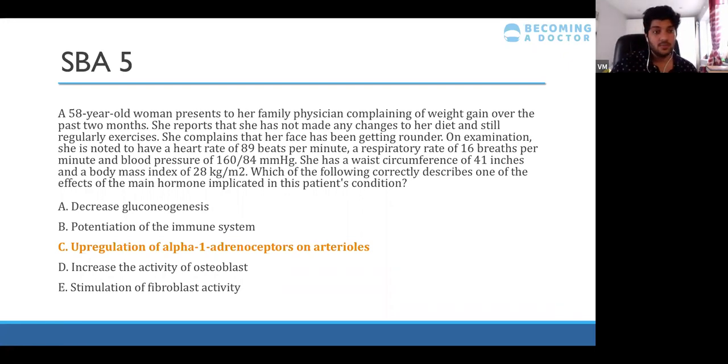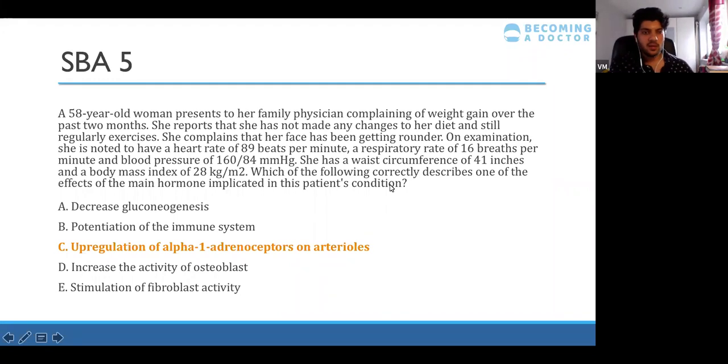Potentiation of the immune system. Let's just rule out some of these. Increased activity of the osteoblast. First of all, it wouldn't be increased activity of the osteoblast. It would be increased activity of the osteoclast. So you would rule that one out. Stimulation of fibroblast activity. Rule that one out. That doesn't really work with the question.